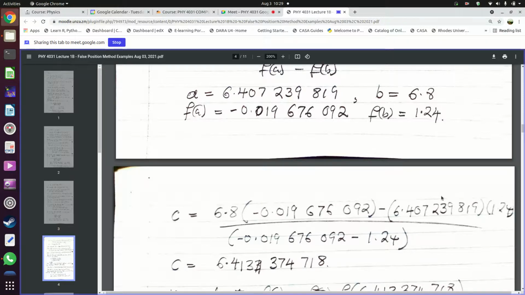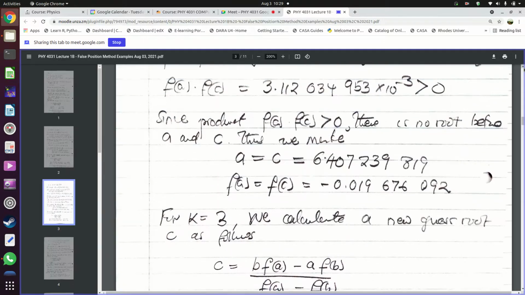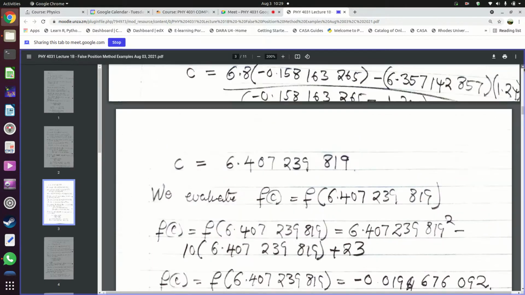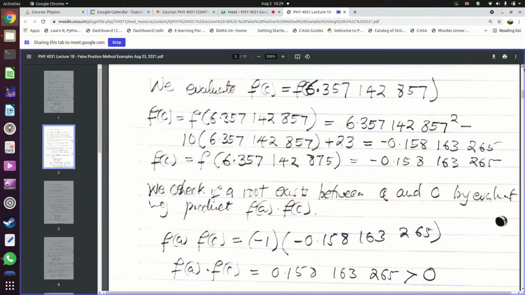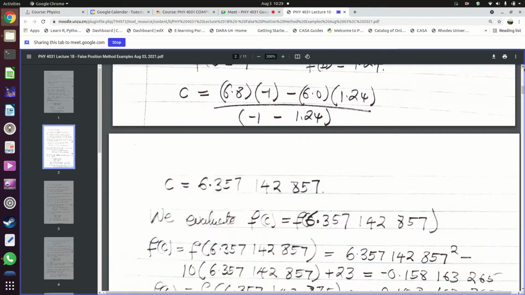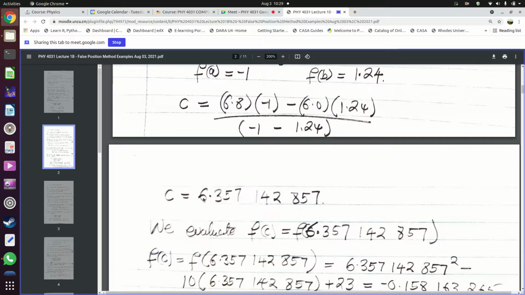That's what we have here. We have got two other C's. The first one we got was this one, 6.357.